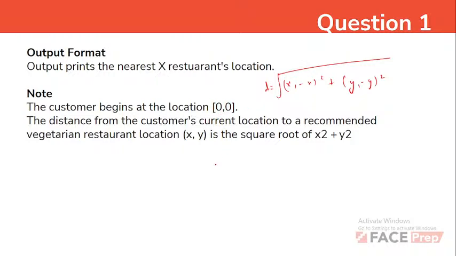So the formula turns out to be the square root of x squared plus y squared. The distance from the customer's current location to the recommended vegetarian restaurant location x, y is the square root of x squared plus y squared, since the customer begins at the location 0, 0.